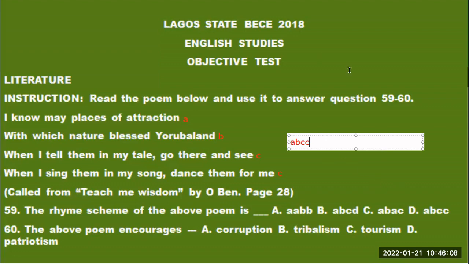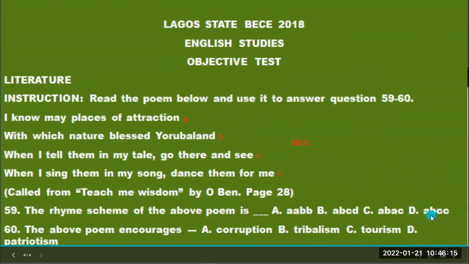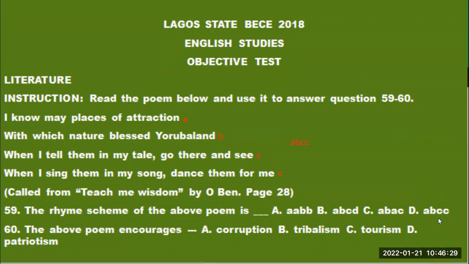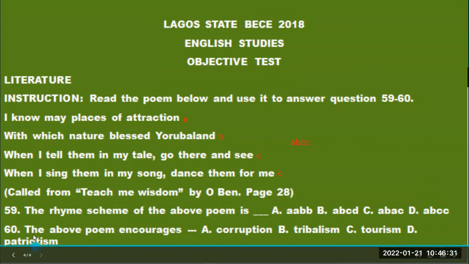And that exactly shows us that the rhyme scheme is D. All right. You look at A, B, B, no. B, A, B, C, D, no. C, A, B, A, C, no. D, A, B, C, C. Yes. So the right option, the correct option is D.